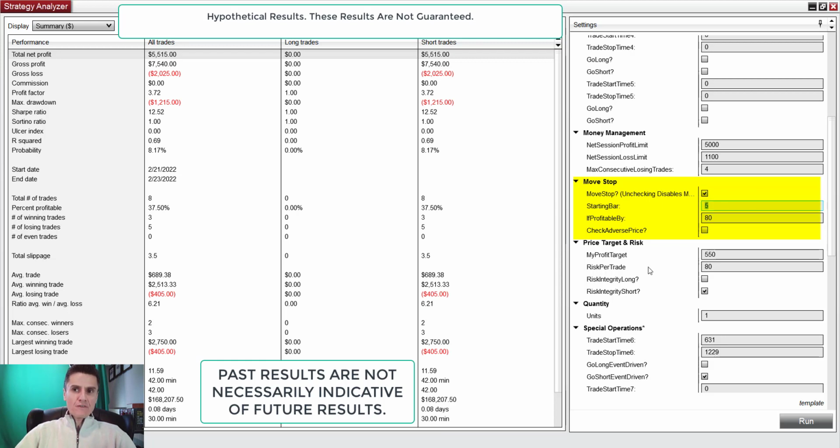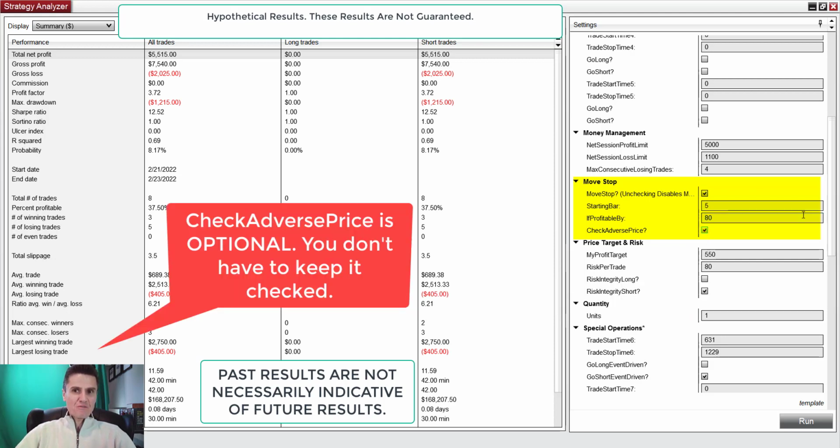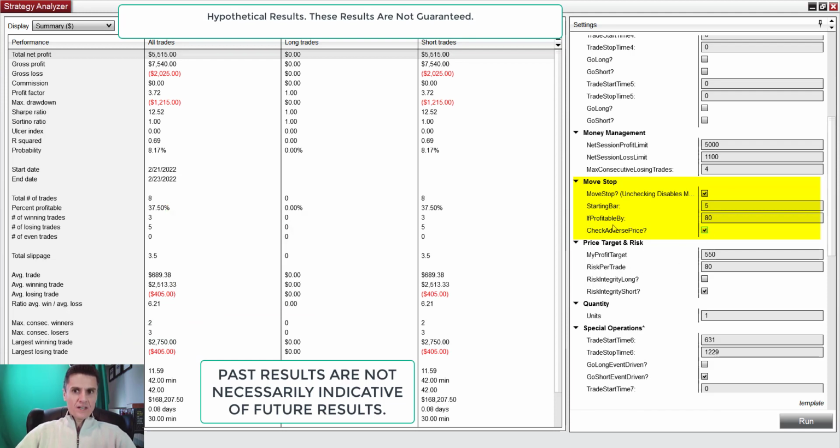If I've been in the trade for 5 minutes and I'm up at least 80 ticks, I want to exit at the close of that bar. Okay? I don't want to check if price has moved against me. But I do. That's a good feature. Okay? You want to check if price has moved against you. So I added that feature as well in version 4. So I'm also wanting to ensure that price has moved against me.